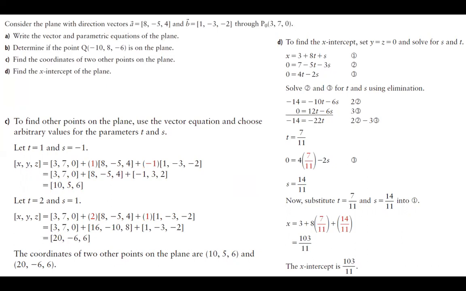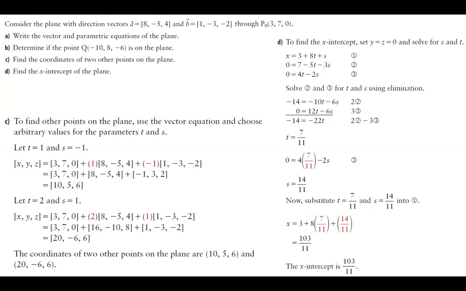Or if you let t equals 2 and s equals 1, the three components are 20, -6, and 6. So we can find two other points, which are 10, 5, 6, and 20, -6, 6. Of course, you can also choose any values for t and s to find some other points, right? Again, the solution here is not unique. You might have some other solutions.